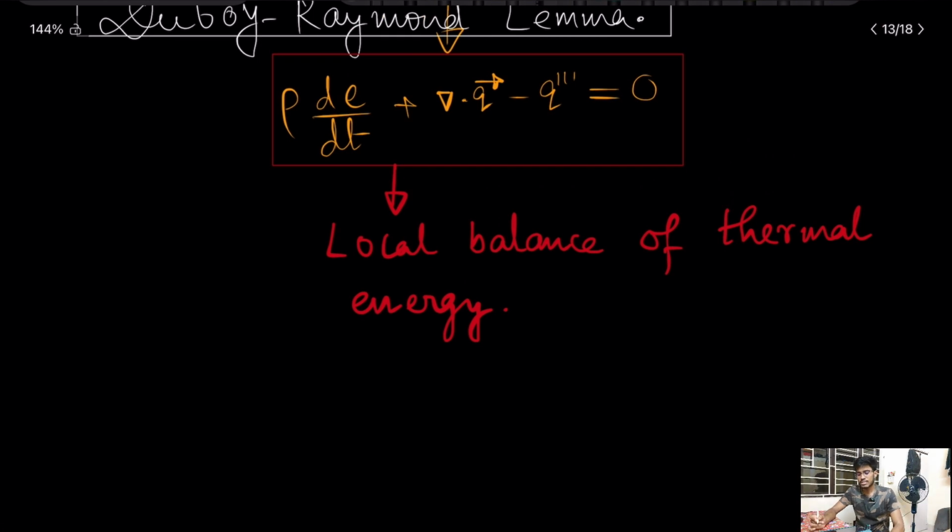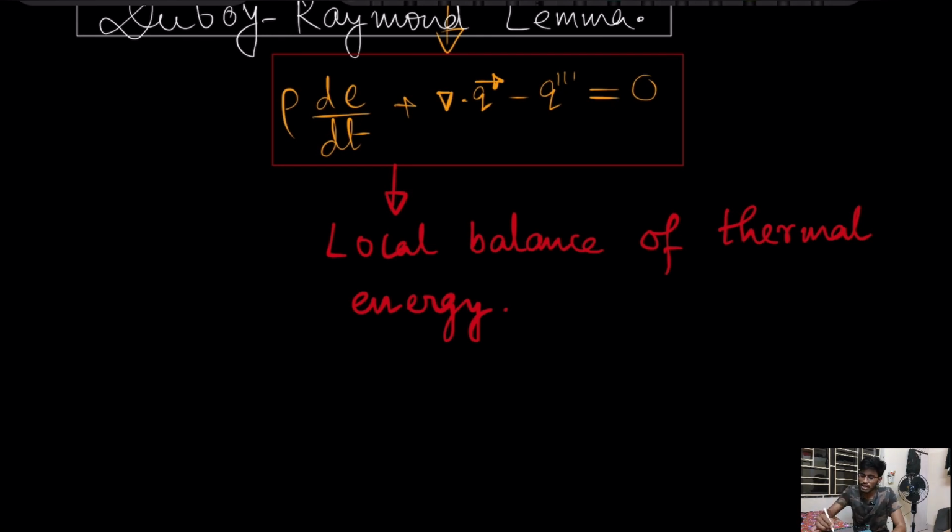Now this is the basic equation. At the beginning of the derivation of this thermal energy balance, I told you that we need a governing equation for temperature. But here we are not seeing the variable temperature yet. So what should we do?